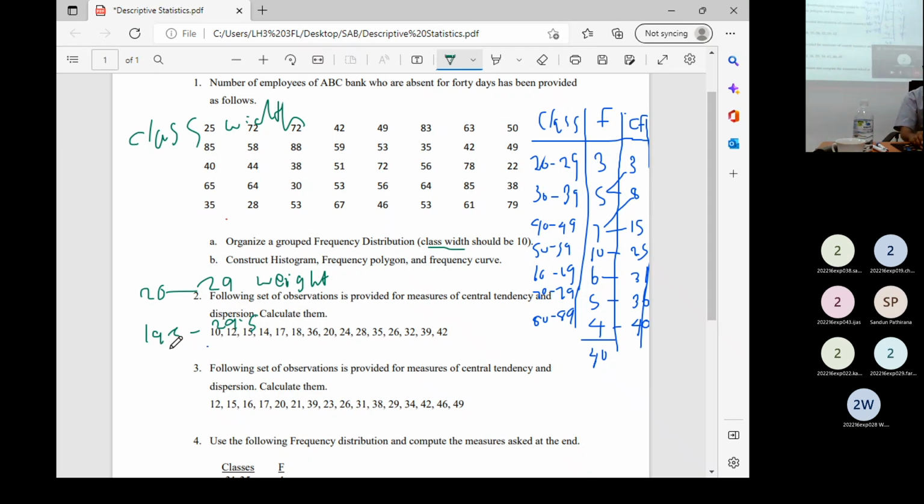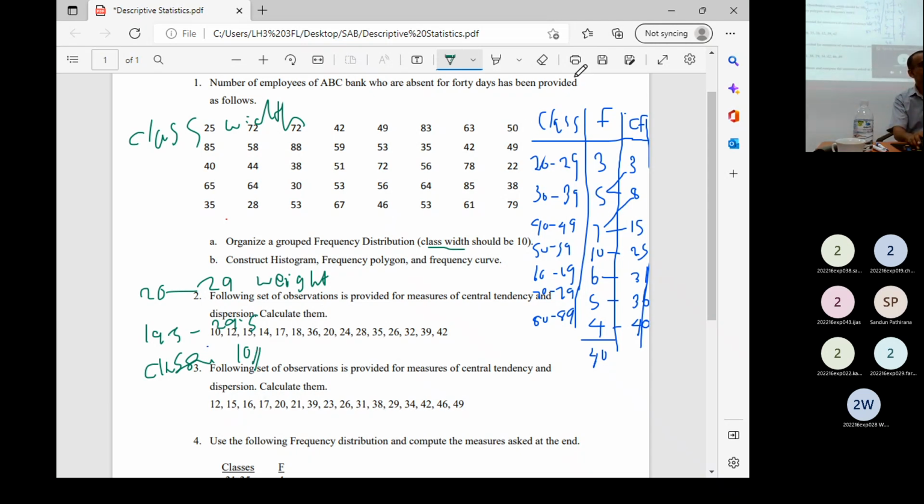The real limits 19.5, 29.5. Then write class width 10. 29.5 subtract 19.5, class width 10. Just with the values, if you have 20, 30, 30, 40, take that difference of the real limits.